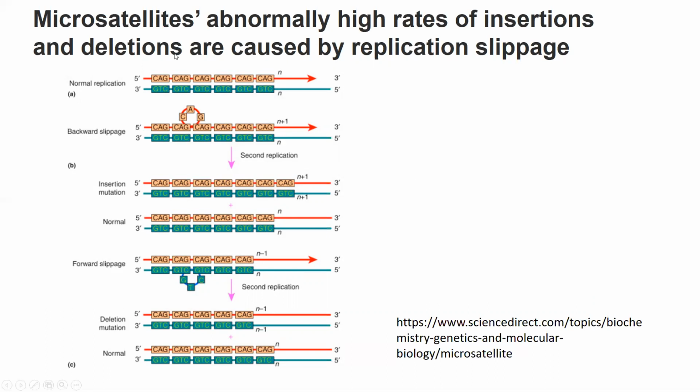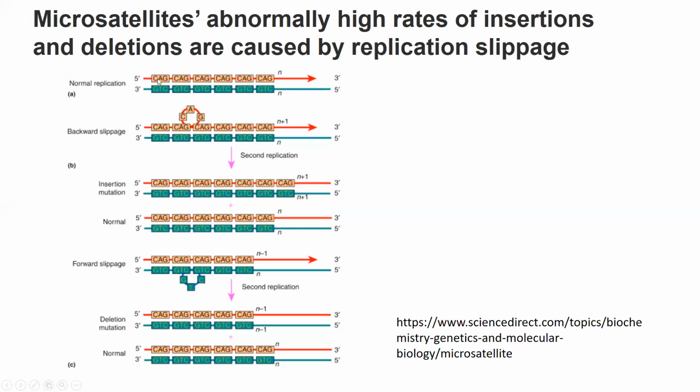At the top, you have a normal sequence with 1, 2, 3, 4, 5, 6 GTC repeats. The bottom one, the green and blue one, is the template, and the top is the newly synthesized sequence.